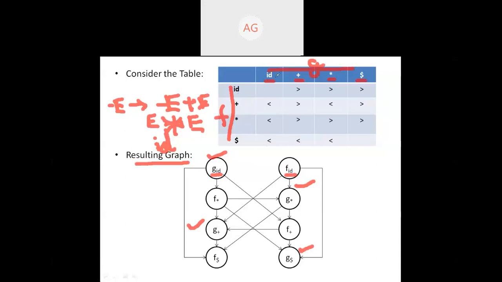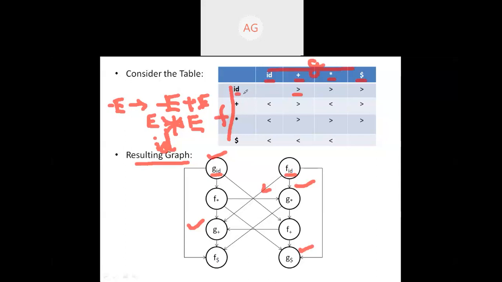FID and FID have no relation, but FID and GID do. You have the relation that FID is greater than G plus. So we need to draw a directed arrow between FID and G plus. As you can see, this arrow has been drawn from FID to G plus.